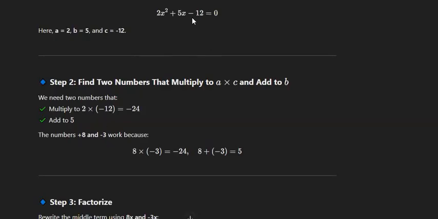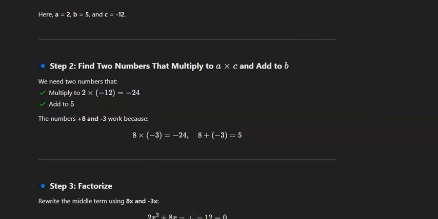Now remember that when the C term is negative, you always have to take one negative and one positive factor. But when there is an A number greater than 1, then you have to multiply this A by this C, that is 2 multiplied by minus 12. Clear? Now let's move to step 3.